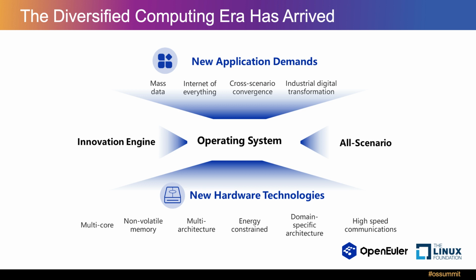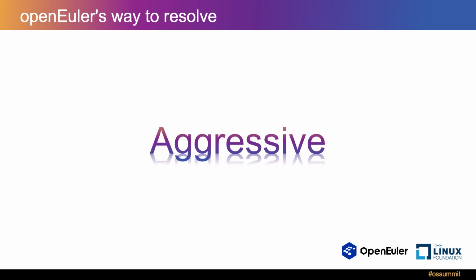Another gap is between the server and the embedded system, because the Linux system is divided into the server and the embedded system, which are two worlds. They don't sync very well, so that is another challenge. So, we will do some aggressive innovation or modification to resolve those kinds of challenges.